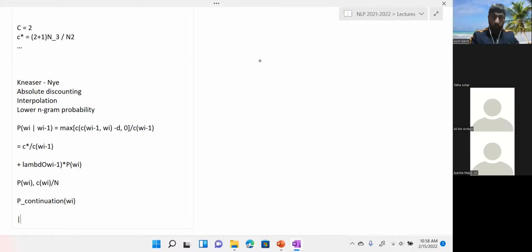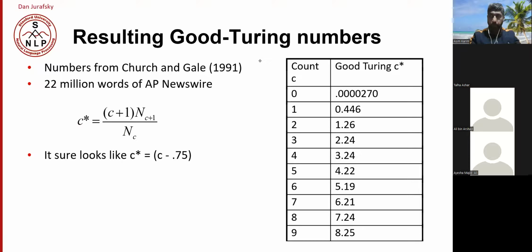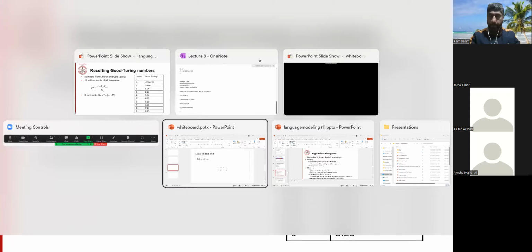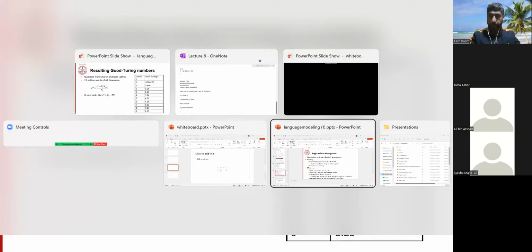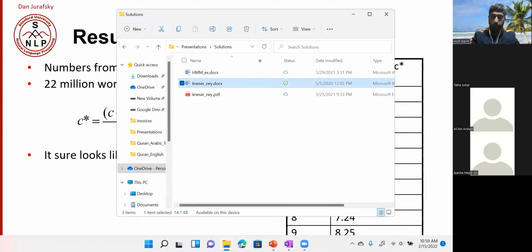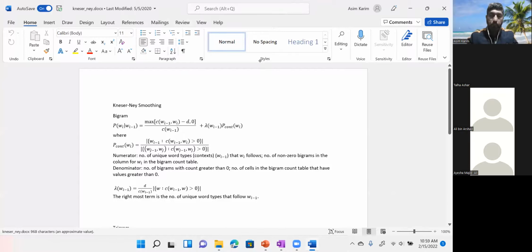Let me maybe show you the formulas from my slides or notes we have. Can you see this document?